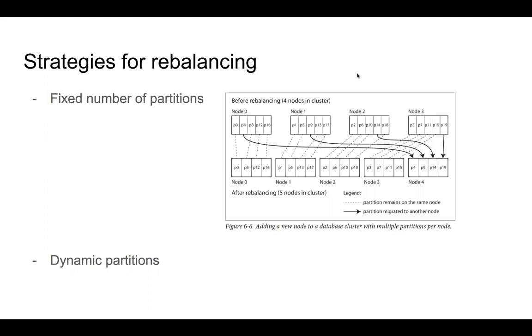Okay, thanks. So my take on this question is yes, it is affected, and that's why we try to minimize the movement. Initially on node 0, if we look at this diagram, for the P4 partition, all the cache for P4 data was on node 0, and now because P4 has moved away, that cache is not useful, and node 4 has been recently created, so it would not have the cache.